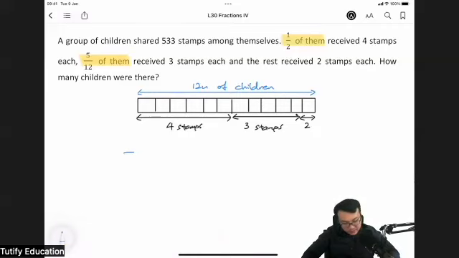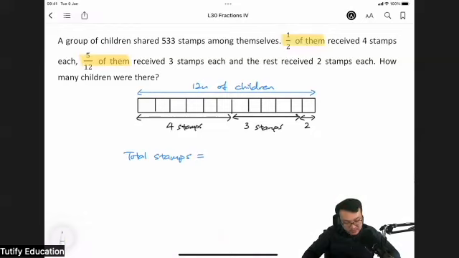Now I want to find the total number of stems. Can I just say the total number of stems is 12 units? Or am I wrong? Wrong. You need to find how many children were there.